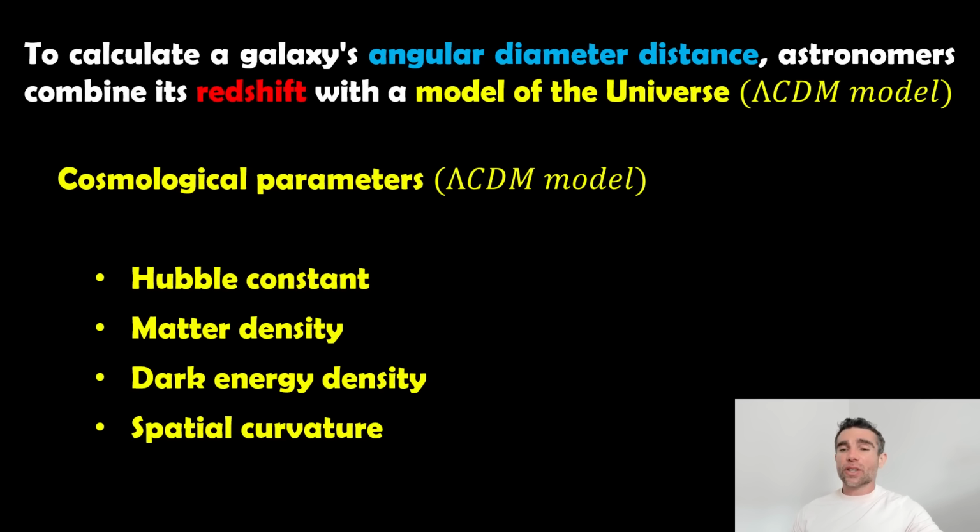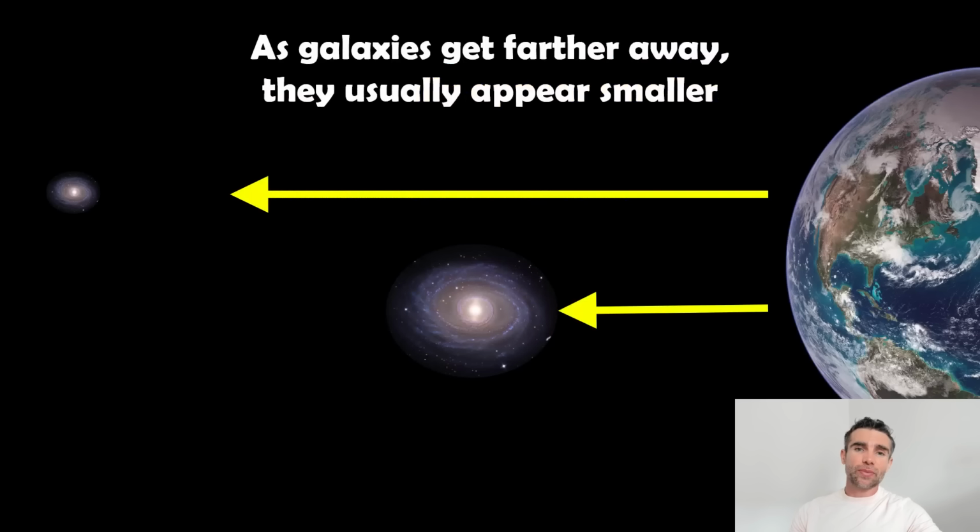It's not quite as straightforward as just looking at the angular size, looking at the distance to it, and getting its actual physical size, which we could do for more local objects. But for objects much further away, the expansion of the universe is quite important.